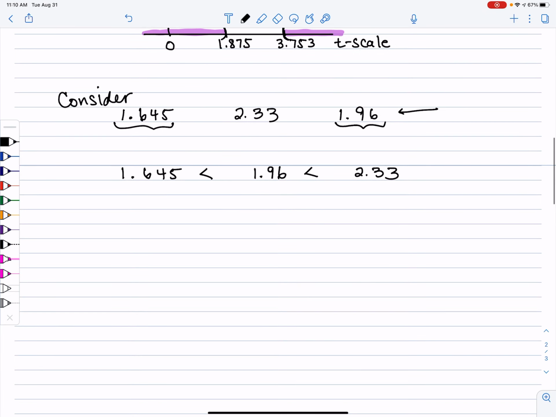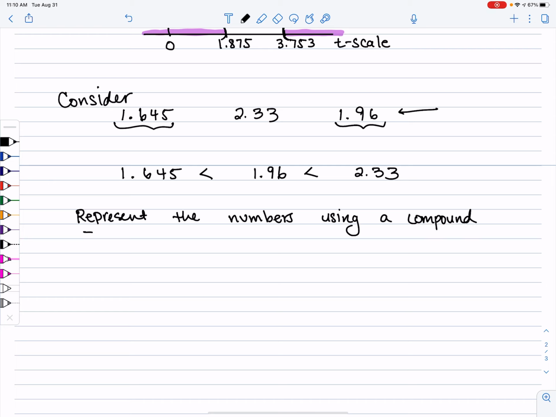What if I give you 3 other numbers? Let me write the instructions: represent the numbers using a compound inequality.